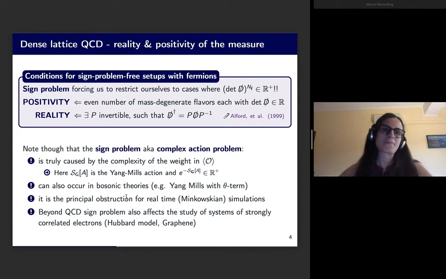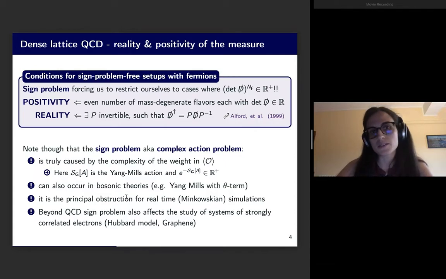Okay. So let us discuss again what the conditions are that ensure that our setup with fermions is a sign-problem-free setup, not displaying this bad behavior. We do have a sign-problem-free setup whenever there is, at the same time, positivity and reality of the NF power of the fermionic determinant.